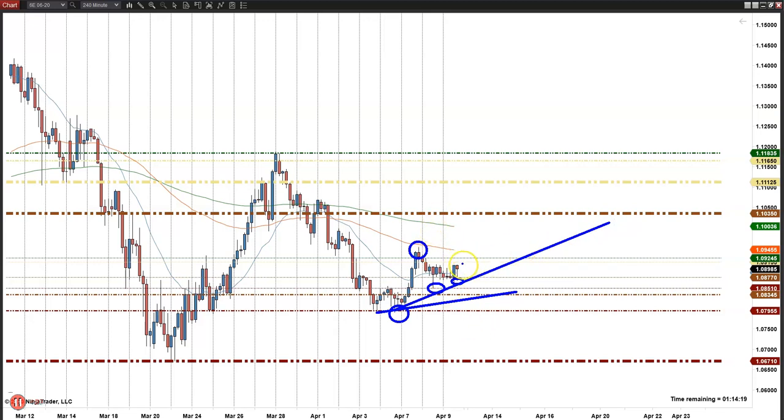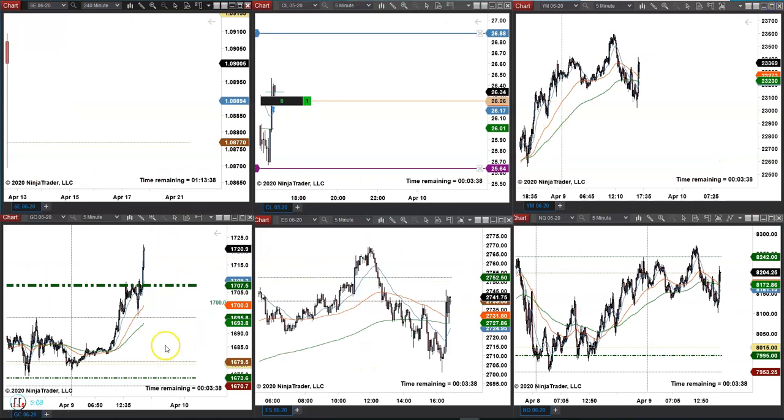All you need to see is a new high and a new higher low to go for the guns. So around 1.09, we can buy it and look for opportunities toward the 1.1 handle. So euro is looking good to the upside.